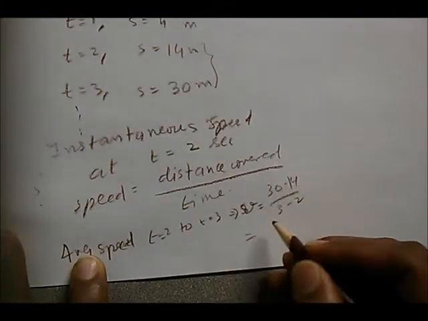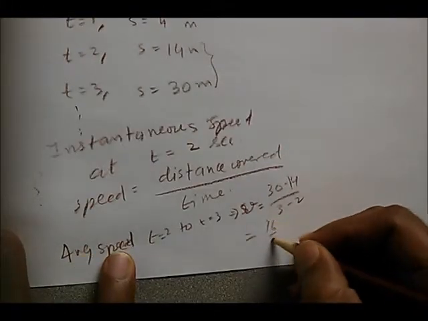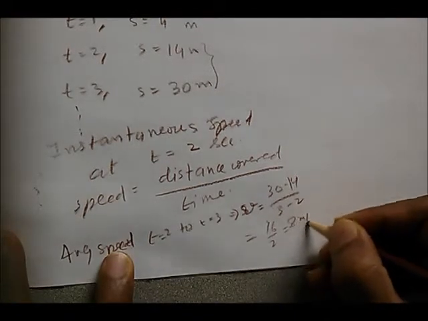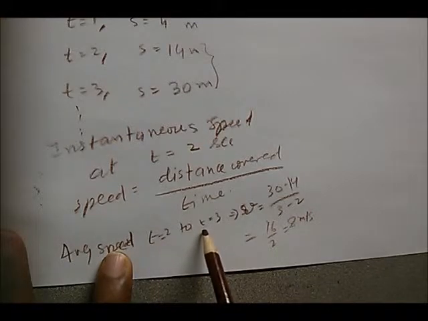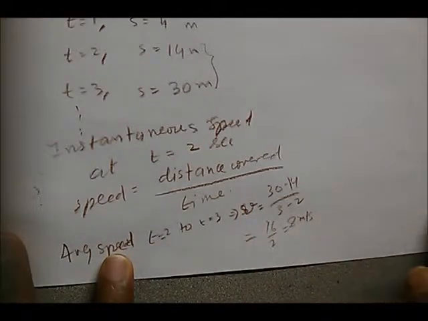It gives you 16 by 2, or an average speed of 8 meters per second. But what's the exact speed at t equal to 2, or exact speed maybe at t equal to 3?